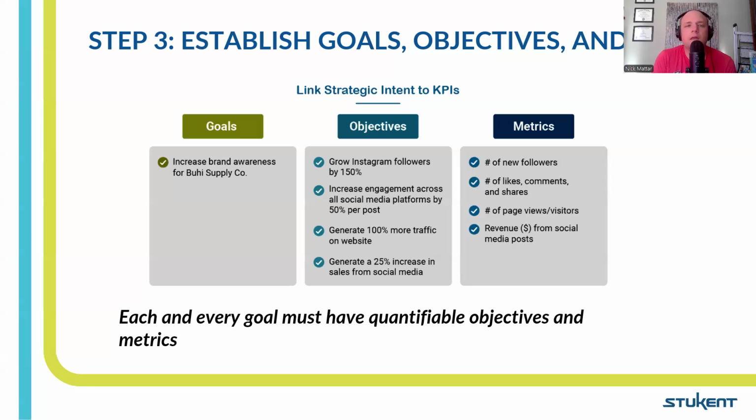Overall, just to kind of sum this up, every goal, there can be more than one goal, but usually it's just one when it comes to social media. You need something that really explains and defines what brand awareness is.